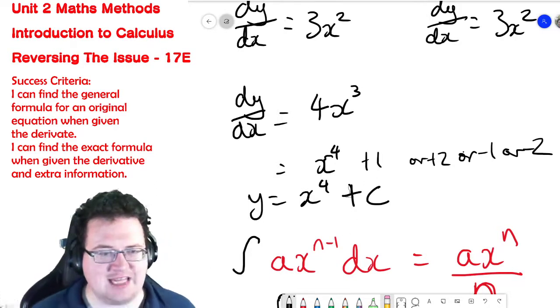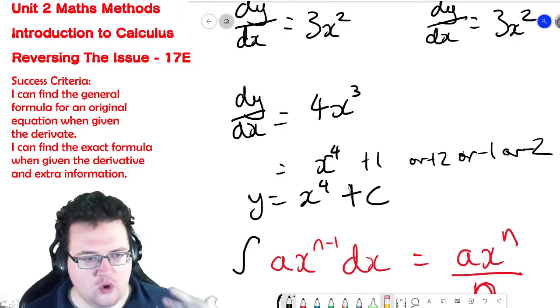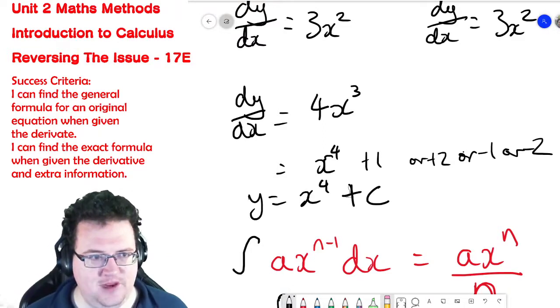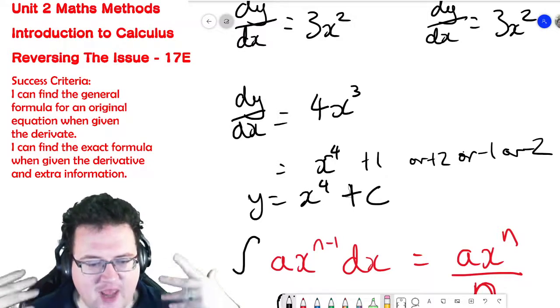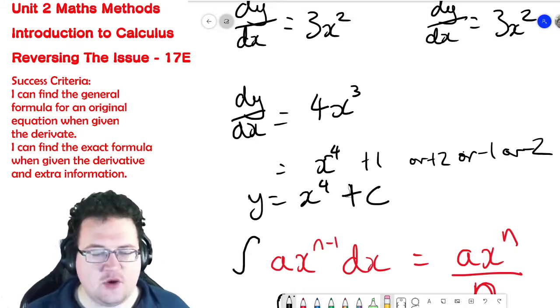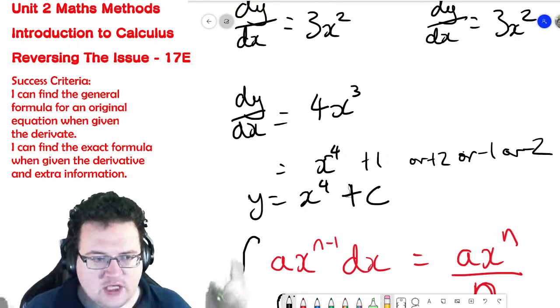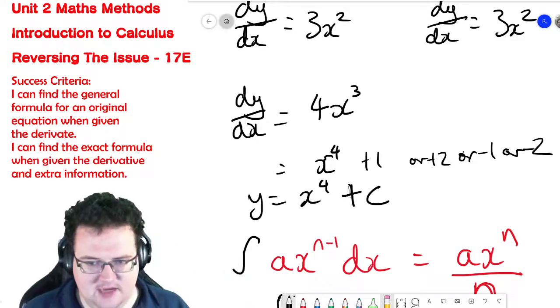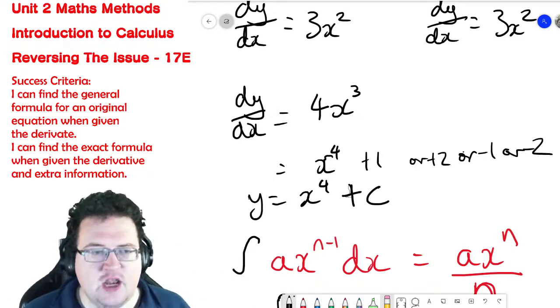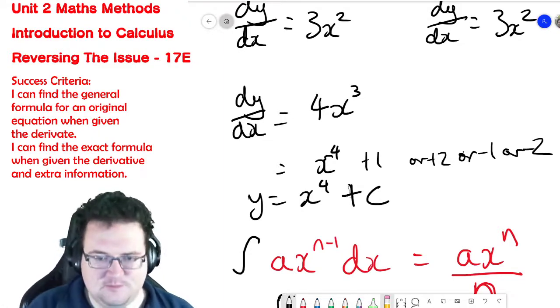Now my CAS will not put the plus c on for me. So this is something that you yourself have to get into a habit of doing, that whenever you're doing anti-differentiation, always remember plus c. Then usually you are given another piece of information to then work out what c is.